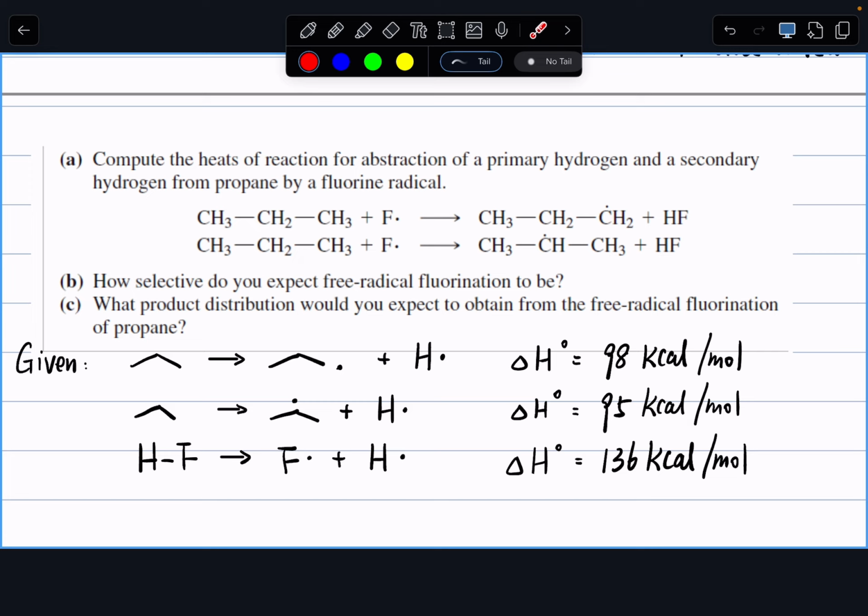What about the third question? Now the third question asks us to predict the product distribution. Using what we have discussed in the first and second question, remember we have three factors controlling the overall selectivity. We have probability. I think I'm spelling it wrong, but. When we're saying probability, we're just simply counting how many of these hydrogens in my starting material are primary, how many of them are secondary.